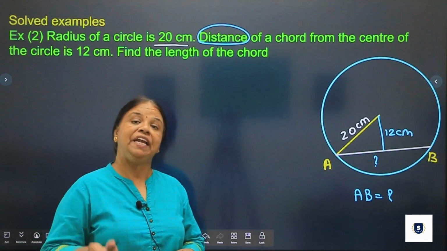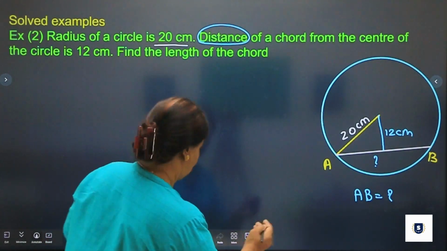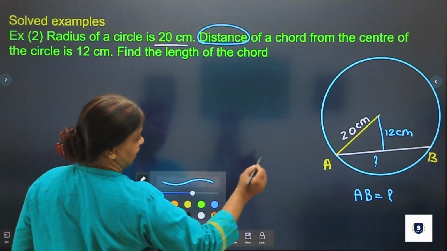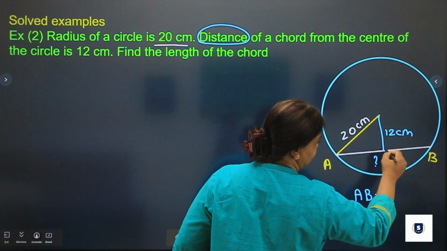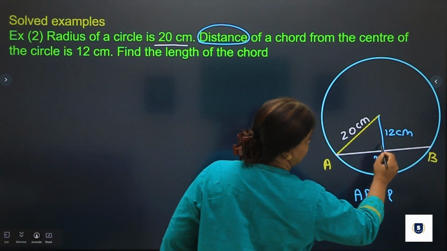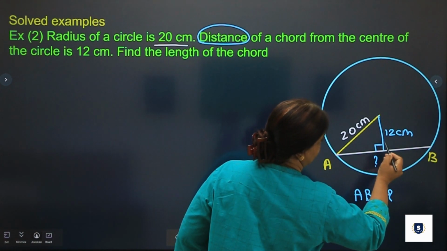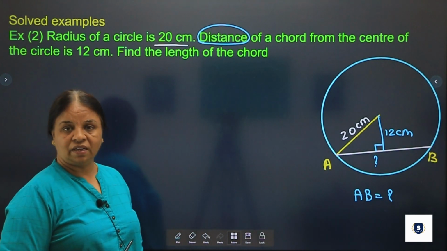Clear? Now children, we have done in the theorem a line drawn from the center to the chord is perpendicular to the chord. Yes, theorem also we have done. So suppose this line is perpendicular, then this is a right angle triangle. Clear?